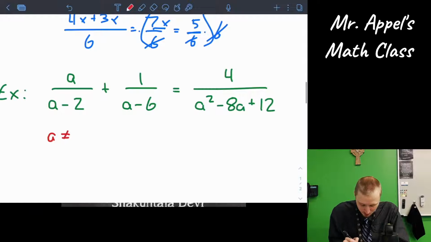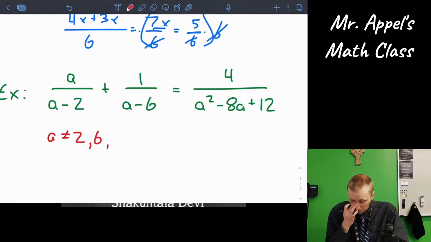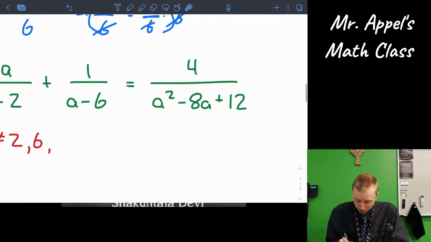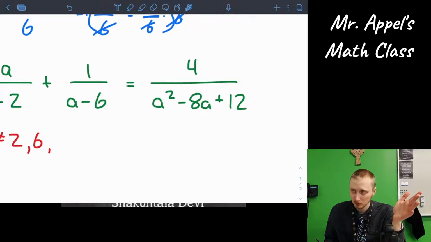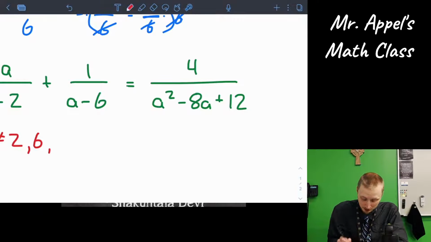A should never be set to positive 2 or positive 6. What about over here? What is this guy? That's standard quadratic form. We've got to factor this thing, right? When in doubt, factor it out.